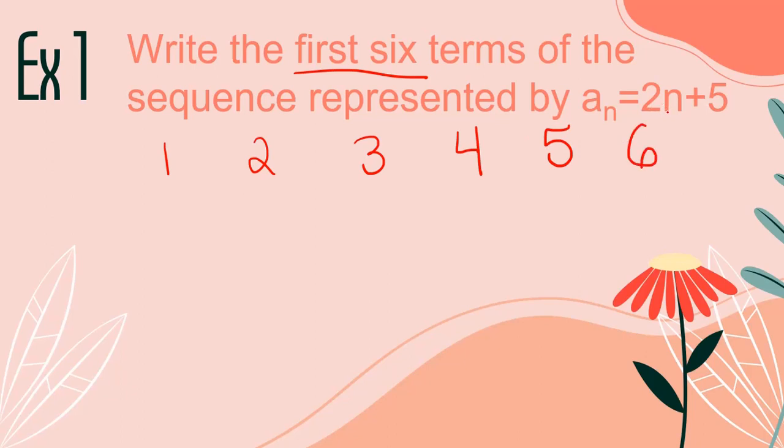So 2 times 1, 2 plus 5 is 7. 9, 11, 13, 15, and 17.